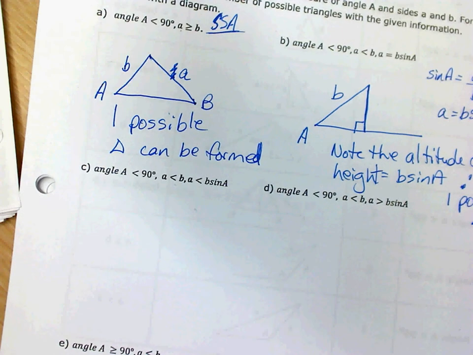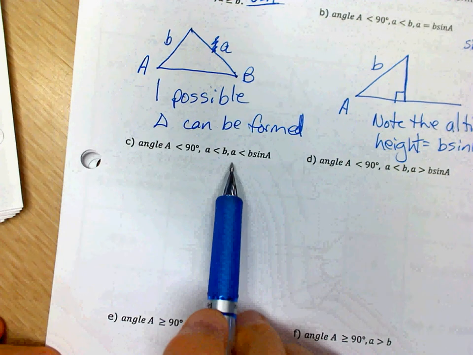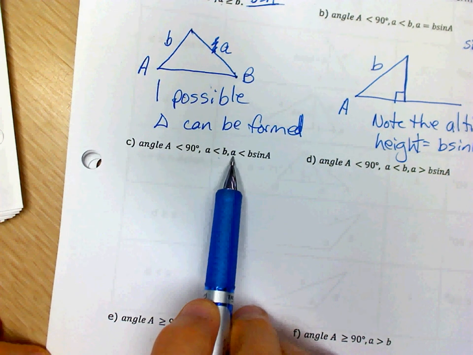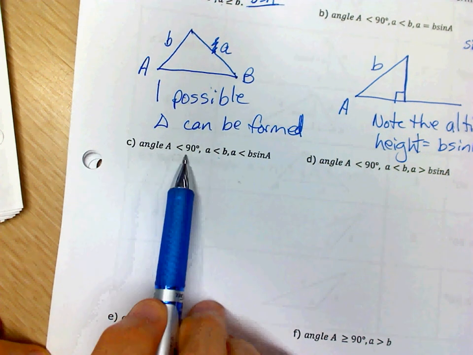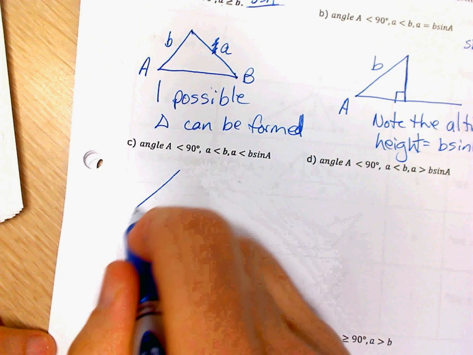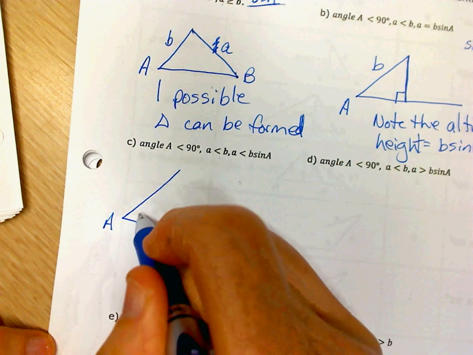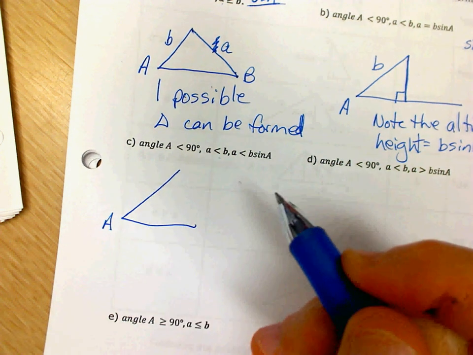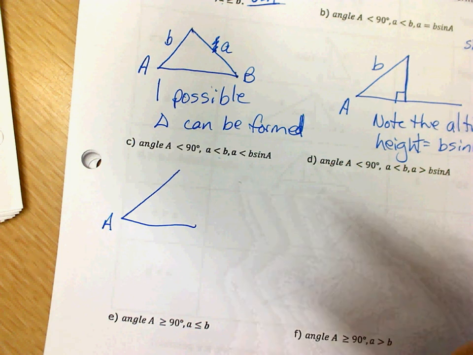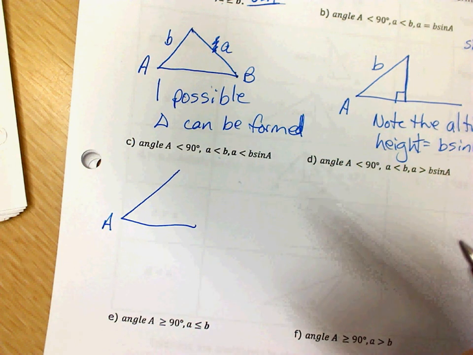Okay, let's look at this one. This one is telling you the side opposite the given angle, so you have this A again, and it's less than 90 degrees, whatever that is. Again, it could be 59, 78, whatever.